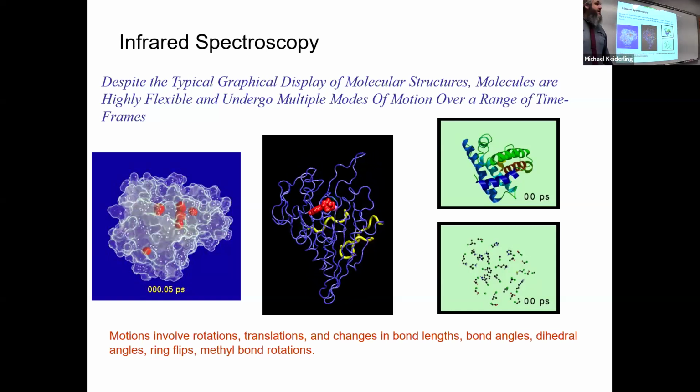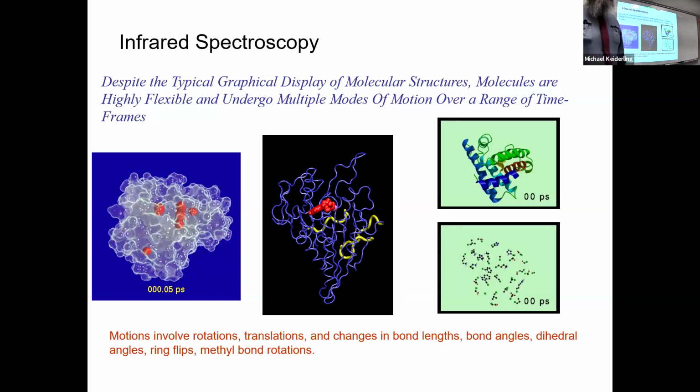Understanding how proteins fold and bend and flex is very important for understanding how they function biologically. Motions can include rotations, translations, changes in bond length, bond angles, dihedral angles, ring flips, and methyl bond rotations. A whole bunch of different ways that molecules can move.